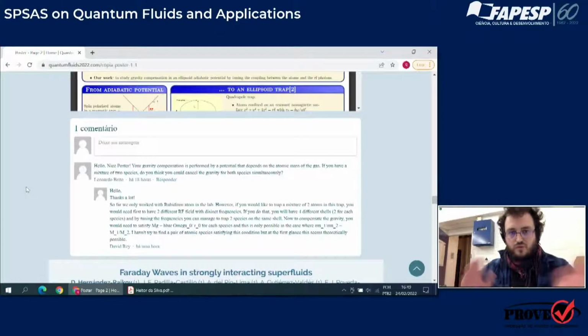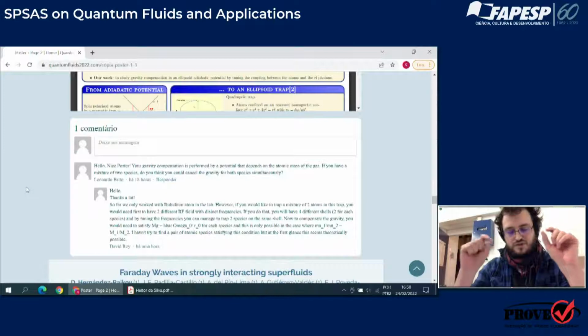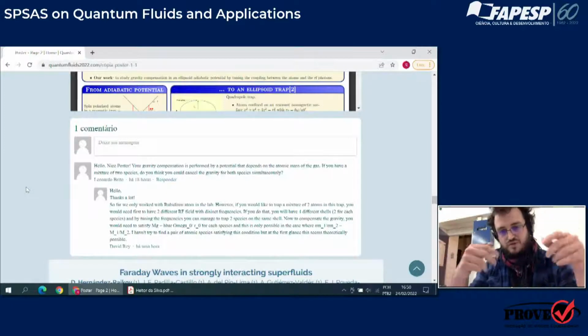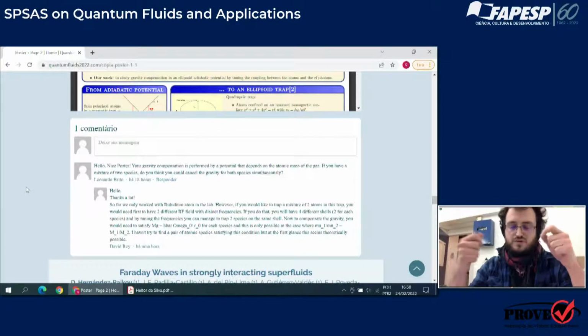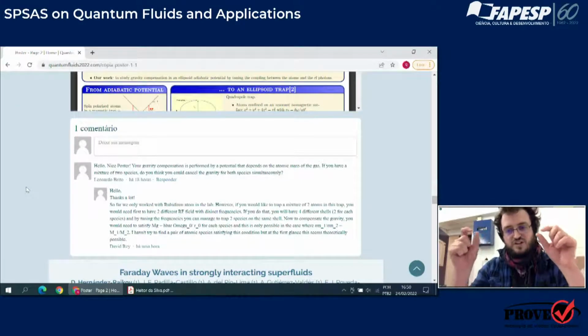To give a hand-wavy argument, the idea would be that if you want to trap two different species, you would have to get two different RF fields. And if you get two different RF fields, you will have basically two shells, one for each atom.